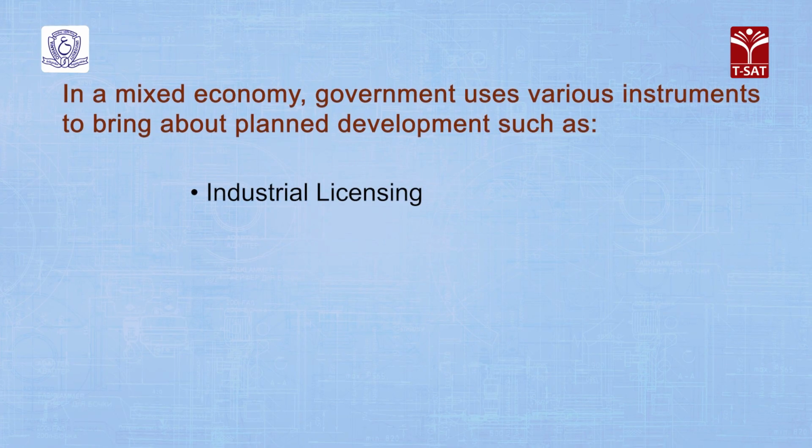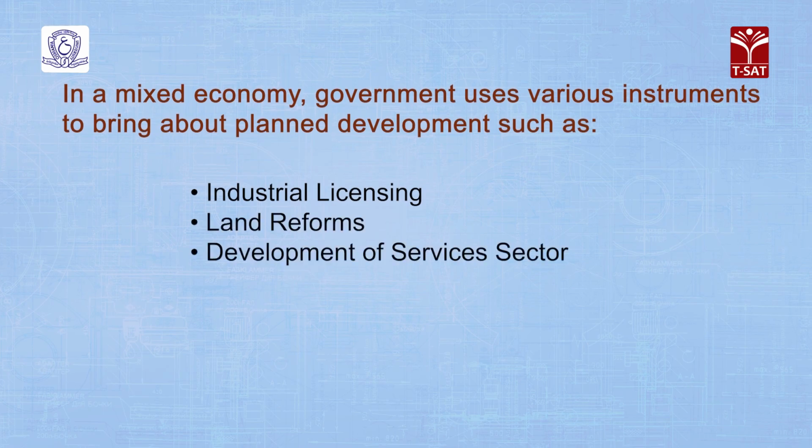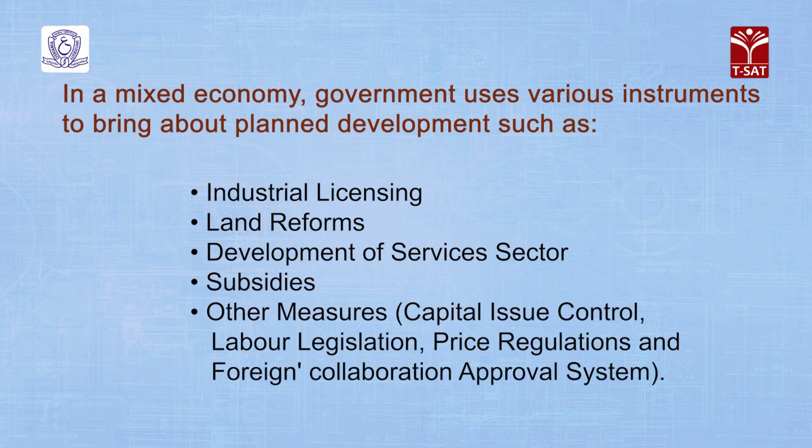In a mixed economy, government uses various instruments to bring about planned development such as industrial licensing, land reforms, development of service sector, subsidies and other measures like capital issue control, labor legislation, price regulations and foreign collaboration approval system.